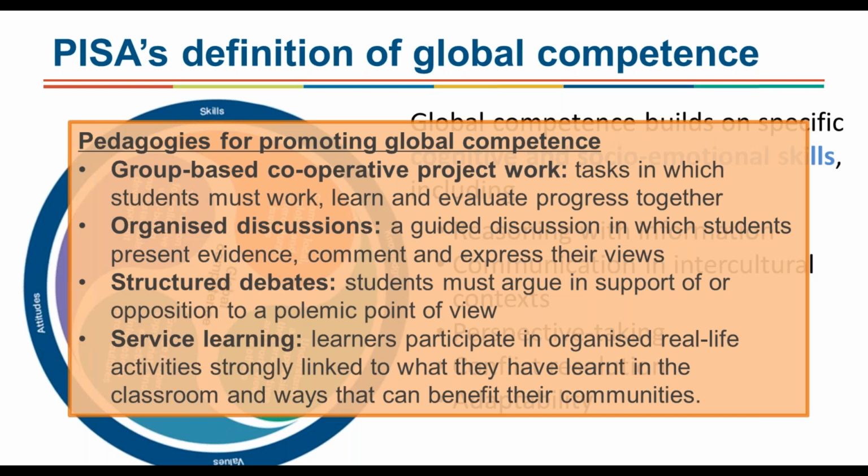It can also take the form of more organized, structured discussions and debates where students need to present evidence, argue from a particular point of view, especially in issues that are perhaps polemic or in which people have very different perspectives. And it can also be done through service learning, which is a type of activity that's strongly linked to what students have learned in the classroom, and it has more of a real-life, tangible benefit to their communities.